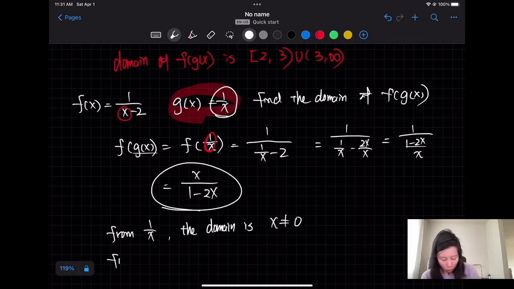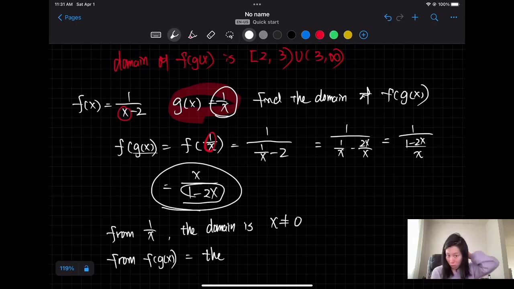But for the composition function, the domain is what? It's also a reciprocal function, but we don't care about the numerator, we just care about the denominator. The domain is 1 minus 2x not equal to 0. So if we simplify it, we have x cannot equal 1/2.